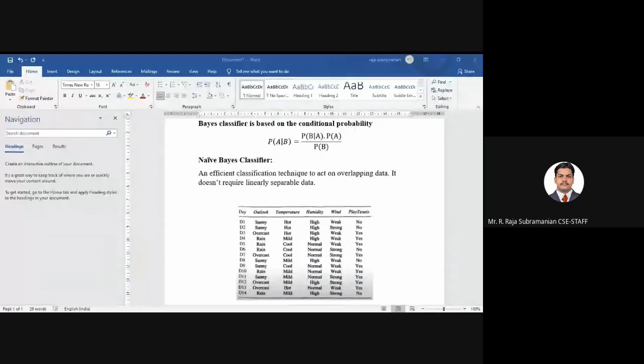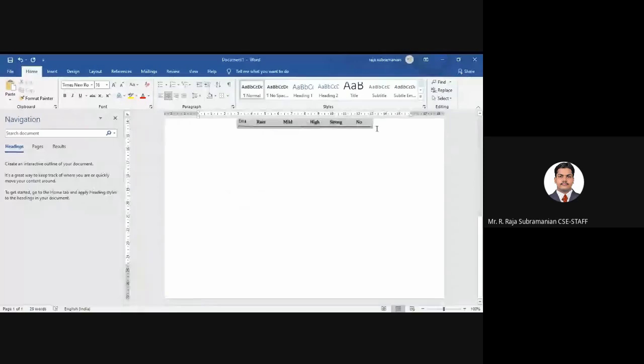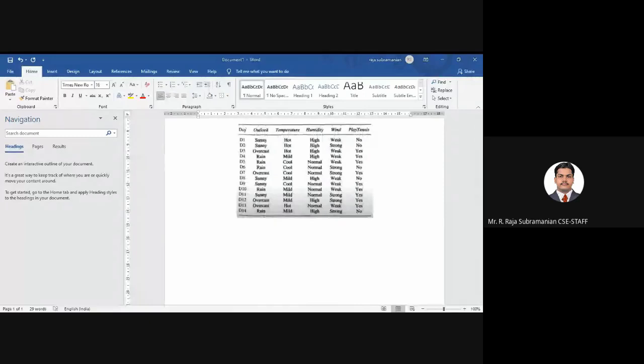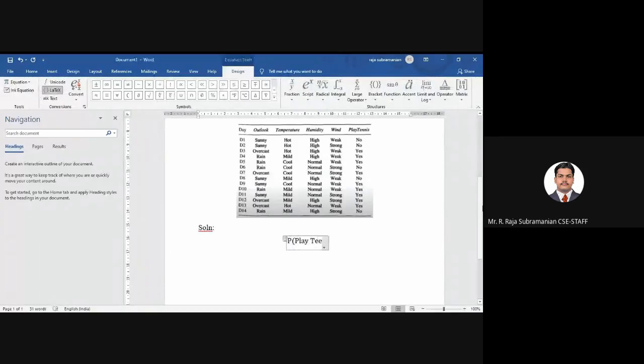Initially I'll take the individual probability values, going step by step. I show this table also, which is most needed. What is the probability of play tennis equal to yes? Let me take the total probability. Counting 1, 2, 3, 4, 5, 6, 7, 8, 9, the number of yes is 9, and the total sample is 14.